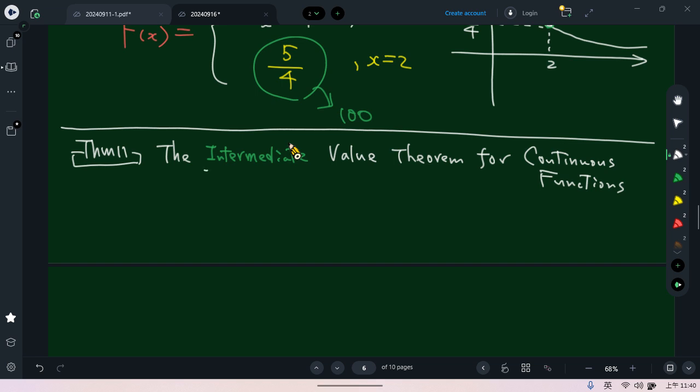This is very important. Intermediate value theorem, 中间值定理. I should say this is the first important theorem for calculus.